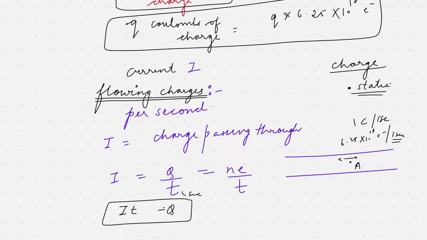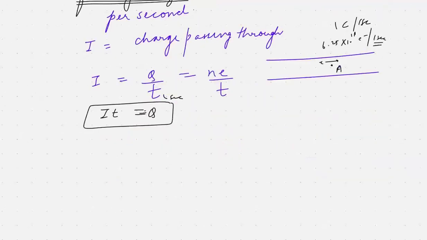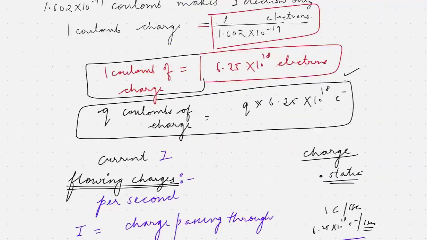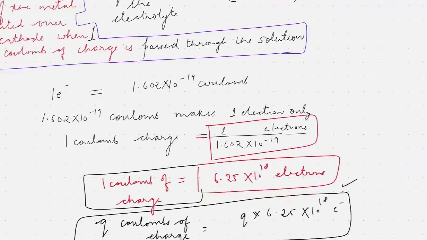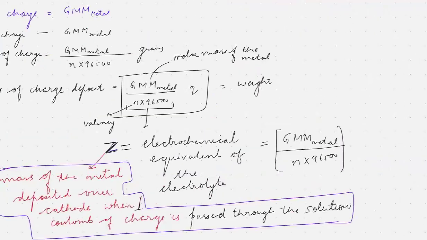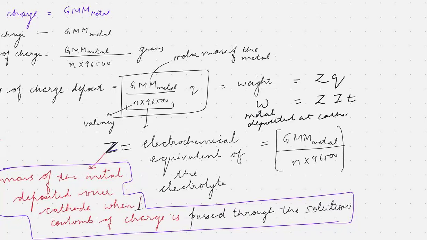Okay. So now have a look at the question. The first formula that I derived here was that the weight deposited is going to be equal to Q into Z. That was ZQ. Instead of Q, can I say ZIT? That is the weight of the metal deposited at cathode during electrolysis.